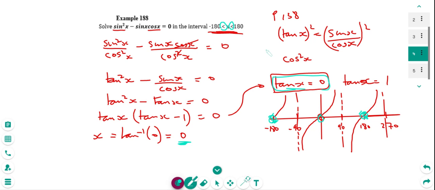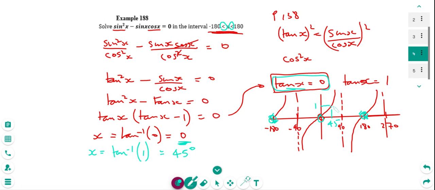The other solution is that tan x is equal to 1. Again, we put that into the calculator, tan minus 1 of 1, and that will give us 45 degrees. So that's given us this value here, 45, and that's 1.